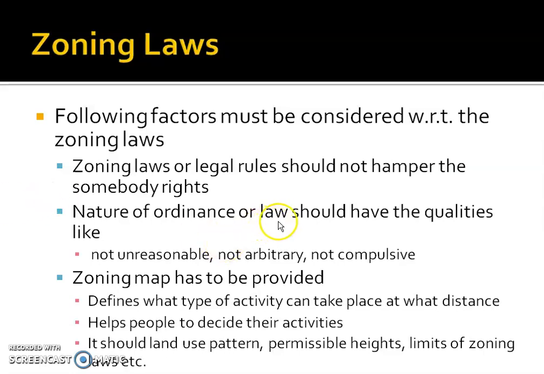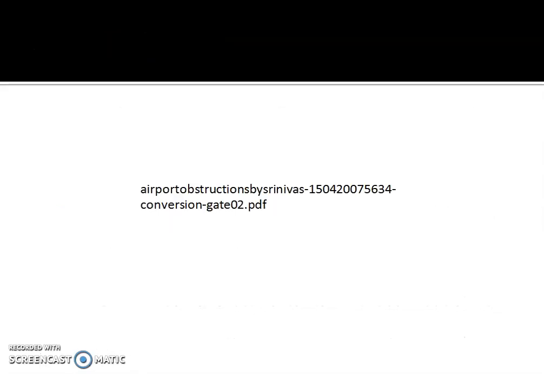The ordinance or law should have the following qualities: they are not unreasonable, they are not arbitrary, they are not compulsive. A zoning map has to be provided showing what type of activity is going to take place. It helps people decide their activities, the permissible height of development, and under which zoning law they have obtained permission. All these contents I have taken from the SlideShare shown here.